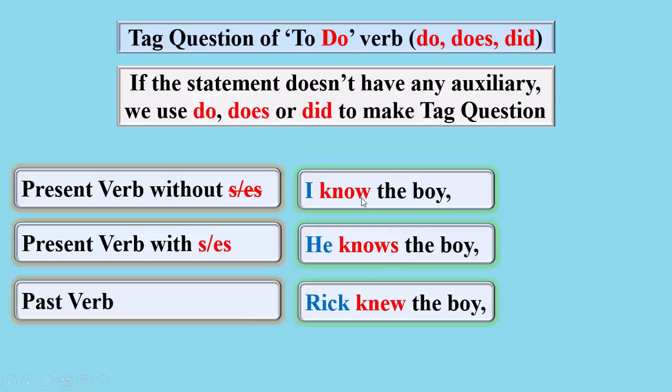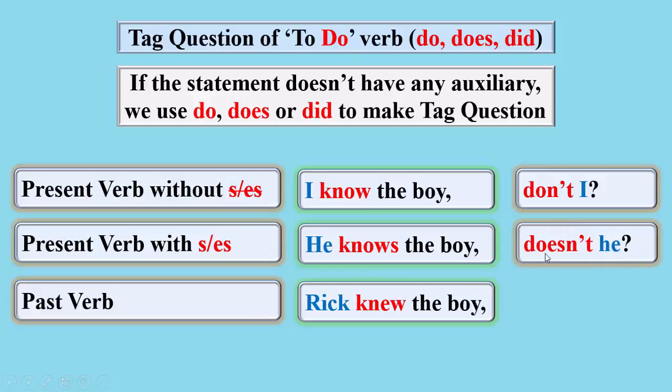So if the verb is in the present form and without an s, the answer should be do plus not. If the sentence is affirmative, do plus not, that means don't I. So I know the boy, don't I? And if the verb is in the s form, the answer should be doesn't. He knows the boy, doesn't he?